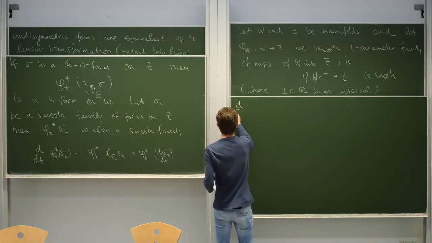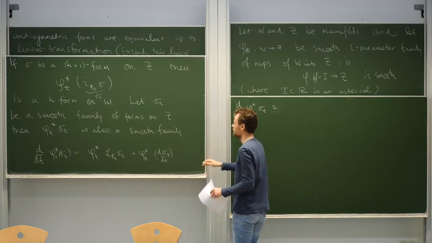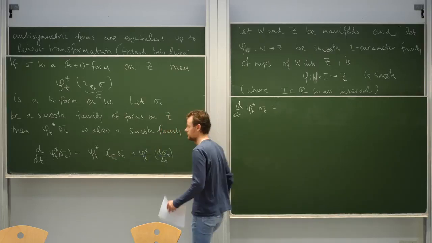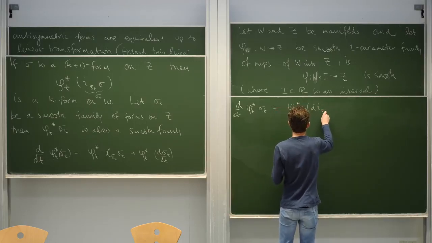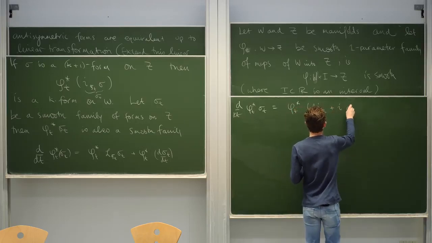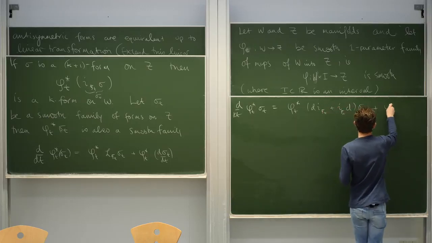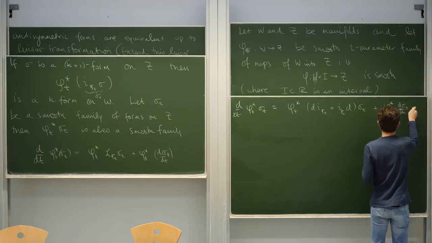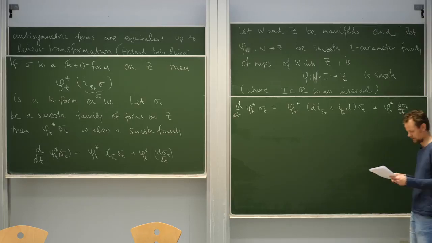We have that d dt phi t star sigma t equals, and here we exploit the fact that the Lie derivative is di plus id. And that's about as far as we can get at this stage.